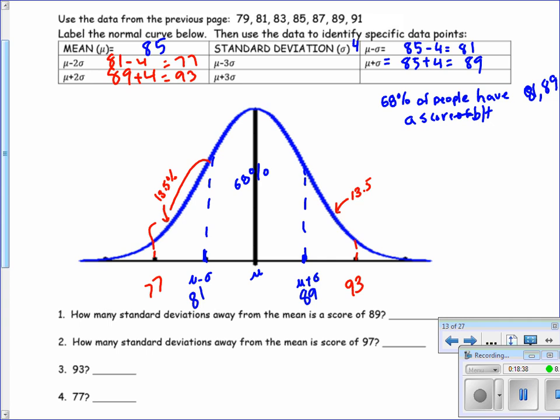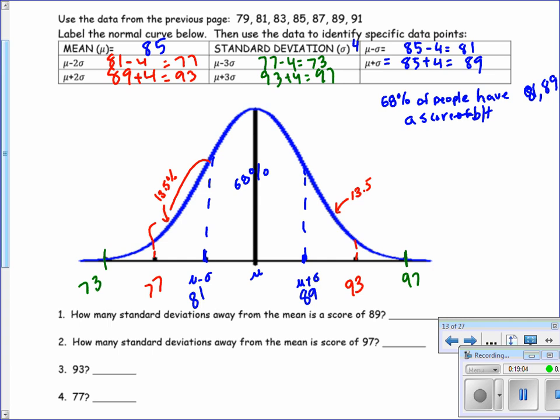For 3 standard deviations, we have our last number, 77 minus 4 equals 73 is my lowest grade we're looking at. Anything beyond that is an anomaly. 93 plus 4 is a 97. So here I have 97. Anything beyond that is an anomaly.